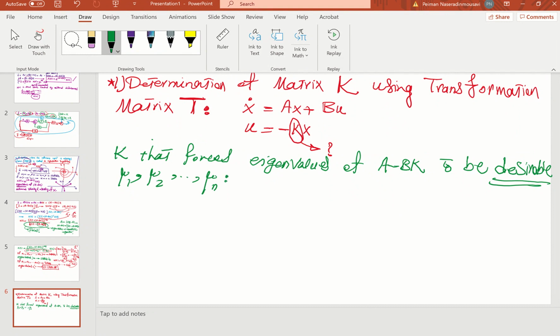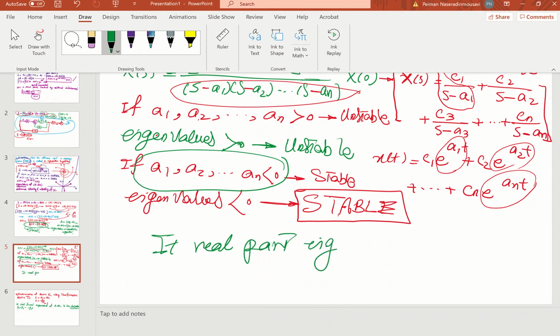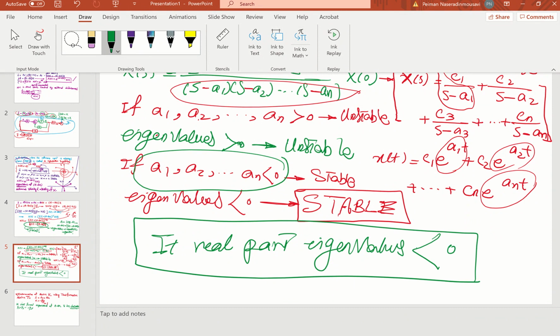Okay, and what we want, eigenvalues, I just taught you. We want the real part of eigenvalues to be negative. This is golden in control, golden formula. Okay, we want to design K that gives us a negative real part of the eigenvalues.